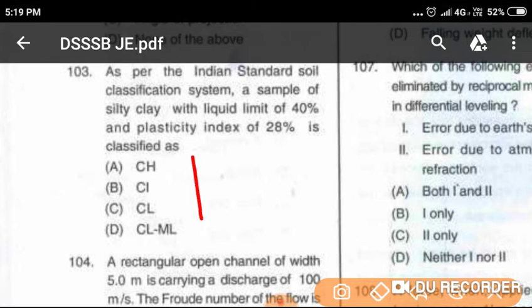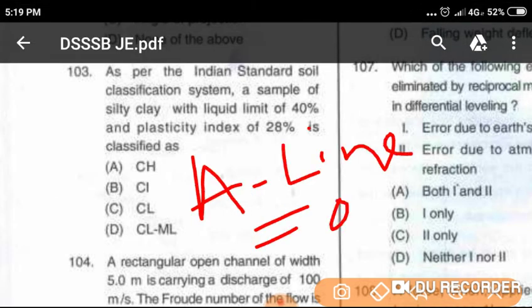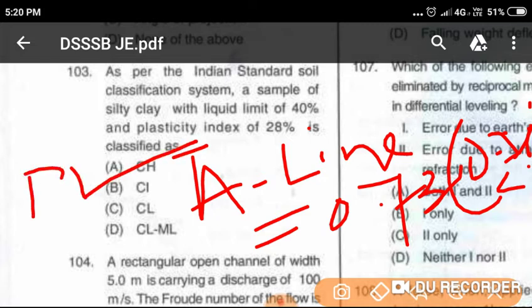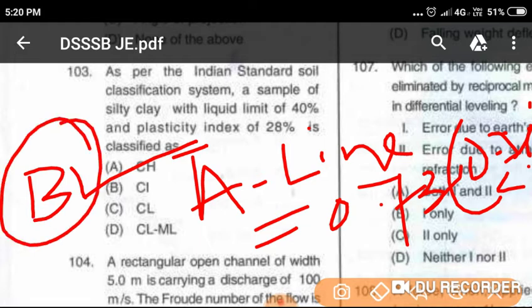So we know A line equals 0.73 into WL minus 20. WL means liquid limit. So after calculation it will come as option B, that is the option B is the correct answer.